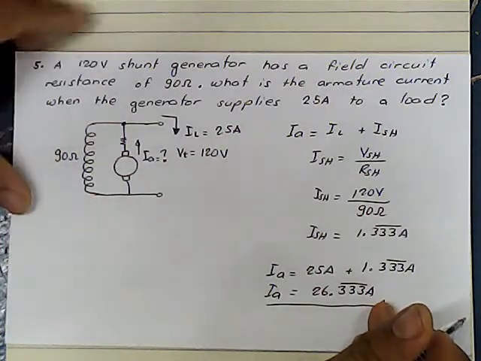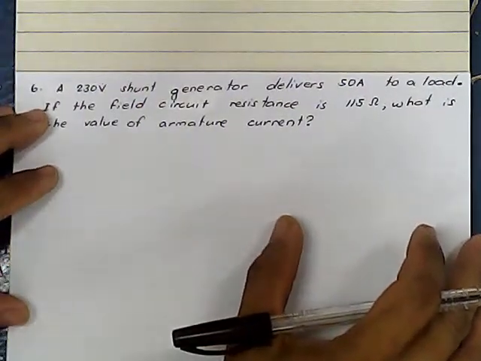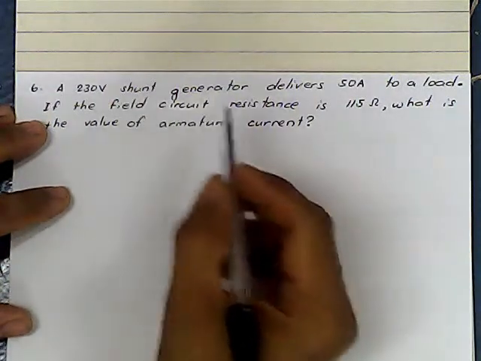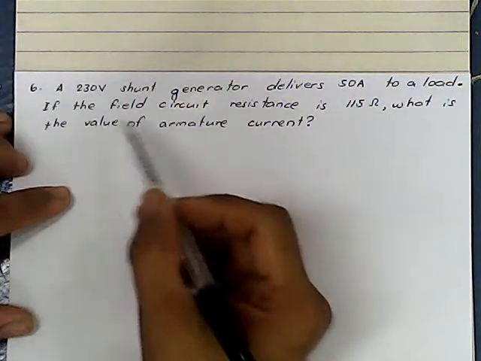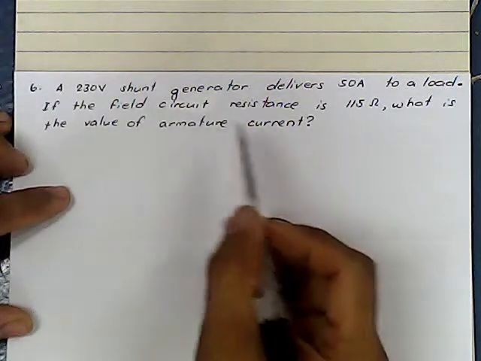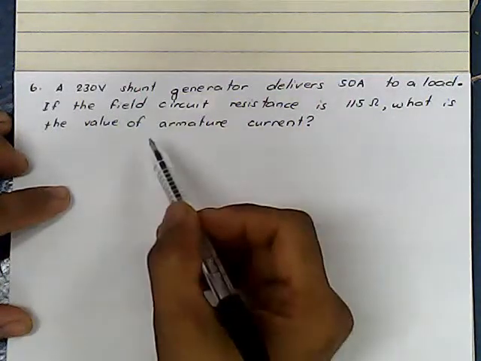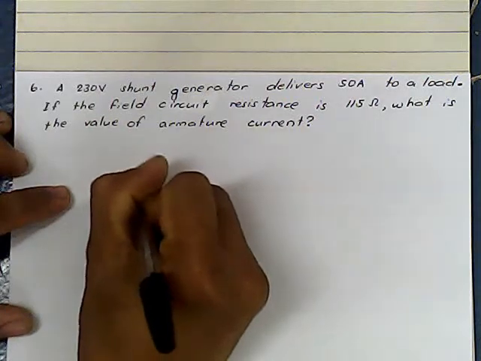Okay, so let's proceed with problem number 6, which is similar to problem number 5. A 230 volt shunt generator delivers 50 amperes to a load. If the field circuit resistance is 115 ohms, what is the value of armature current? Again, let's draw the circuit.